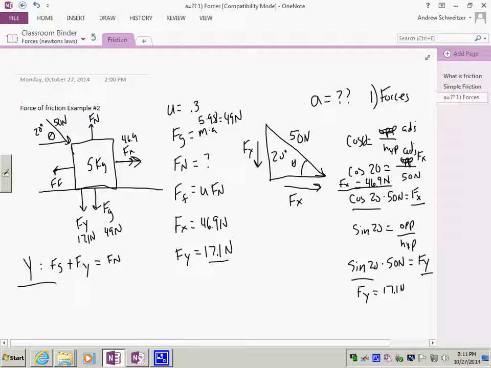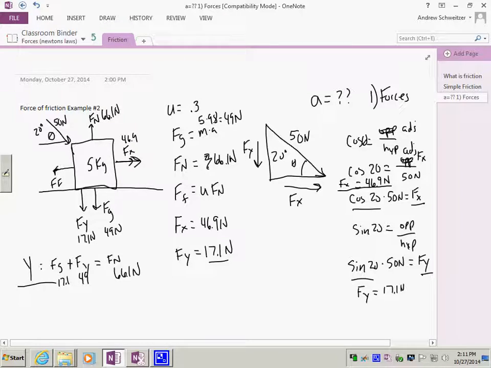And since both of these are 49 and 17.1, simply add those two together, which means my force normal is 17.1 plus 49, which is 66.1 newtons. So I'm going to label this as now being 66.1 newtons.